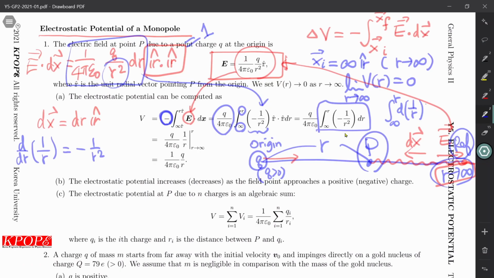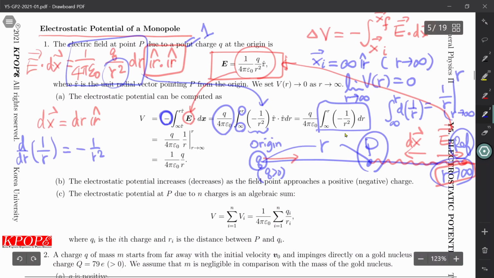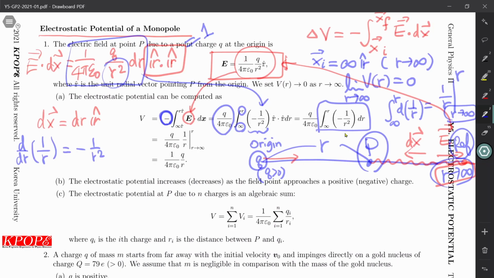That means 1 over r evaluated at r, and evaluated at r goes to infinity. This contribution vanishes as r goes to infinity, and the result is this.